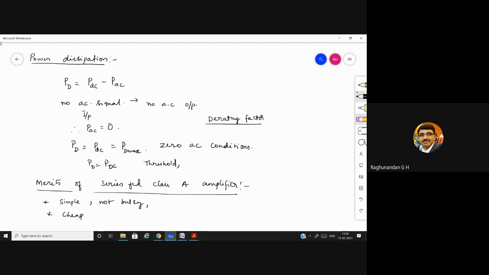May I know why the circuit becomes cheap? I mean, with respect to the cost, any idea? What makes a series fed class A amplifier cheaper compared to other amplifiers?